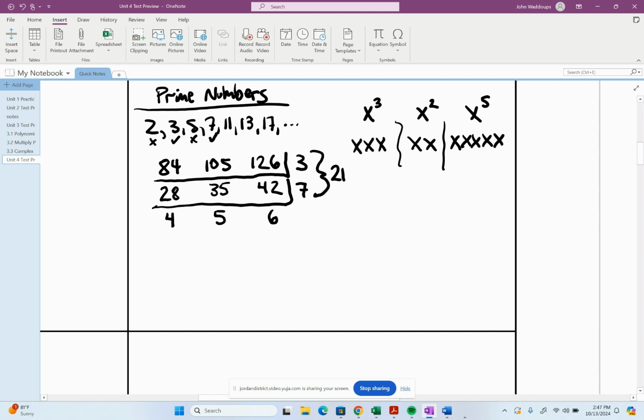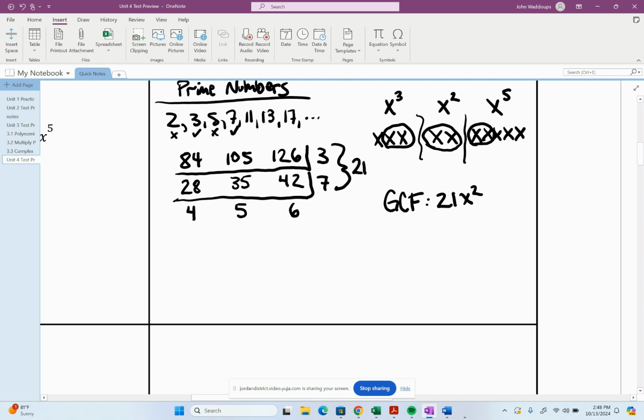The factors they have in common are limited by the smallest amount, which would be x squared. So we know that the greatest common factor, our GCF, is 21x squared.